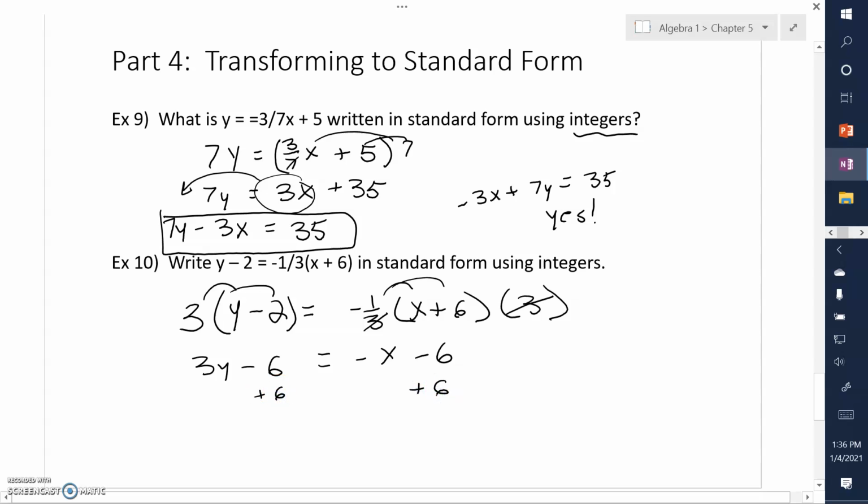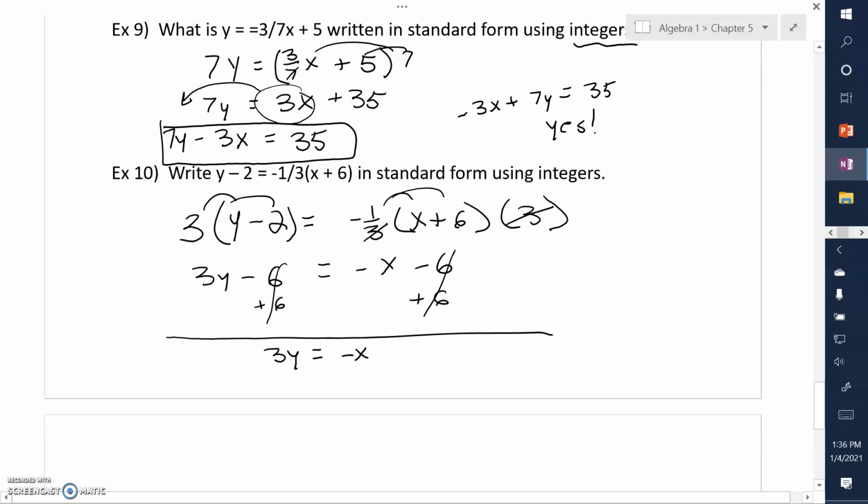I'm allowed to do that if I add the same thing to both sides. Well, those 6's both drop out. And I end up with 3y equals negative x. Now, I want the x and the y on the same side. So I'm going to add x to both sides. I get x plus 3y equals 0. And that's our standard form.